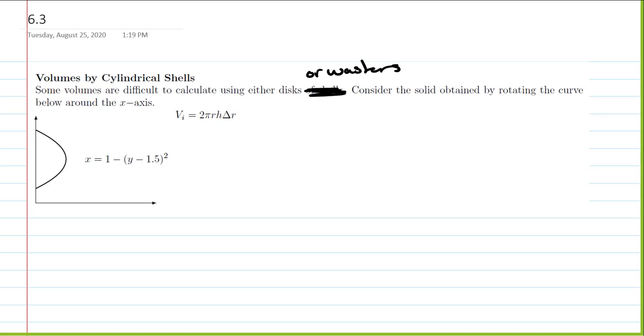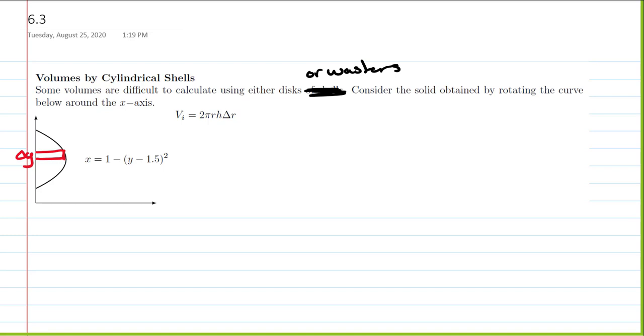Instead of going in the x direction, we're going to make our approximating rectangle in the y direction, delta y thick, and we want to rotate this about the x-axis.